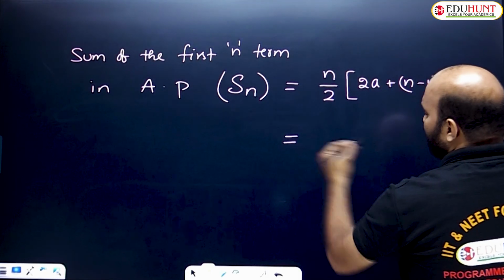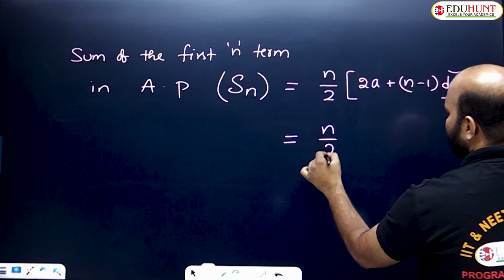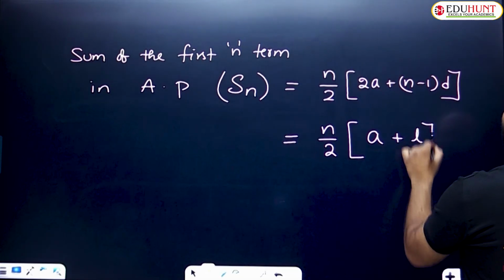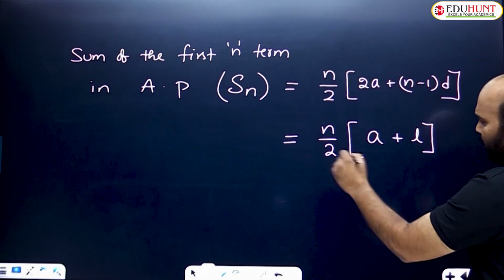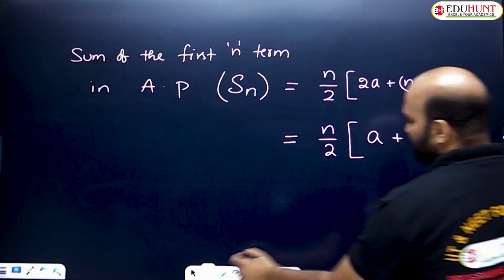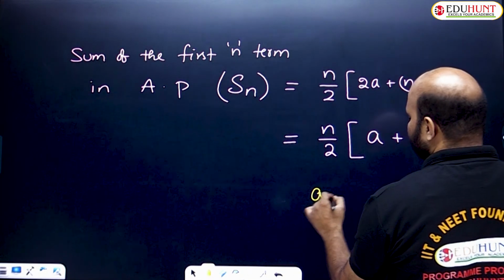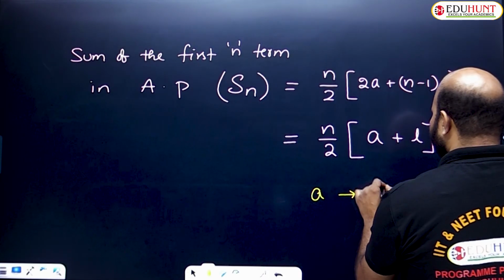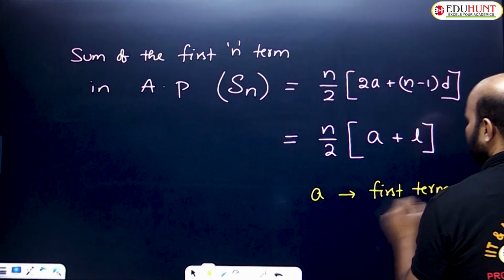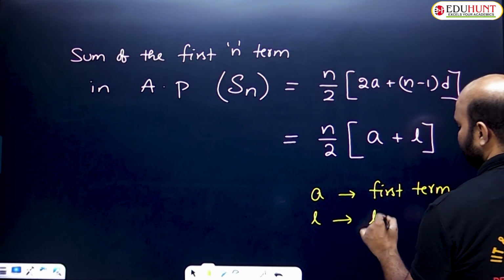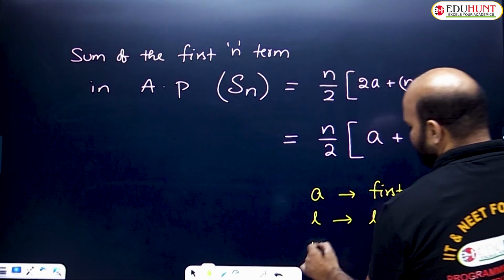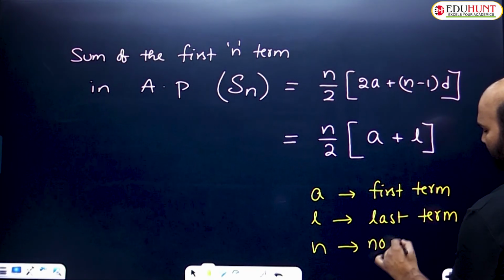Also it can be written as n by 2 into A plus L. If you know the first term and last term in that series, you can write n by 2 into A plus L. Here A stands for the first term, L stands for the last term, and n stands for the number of terms.